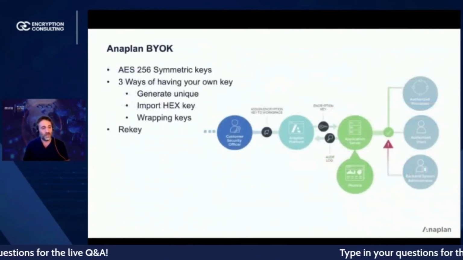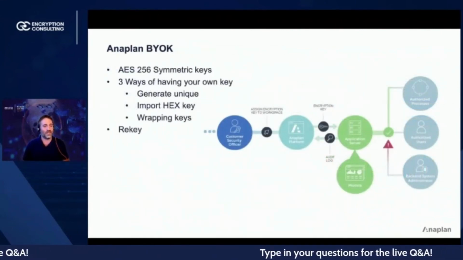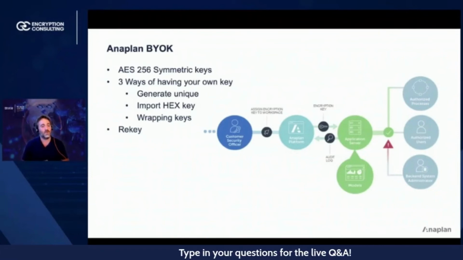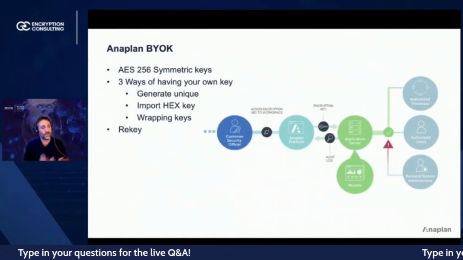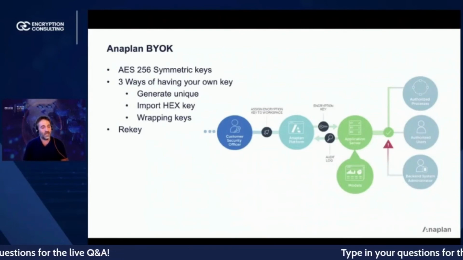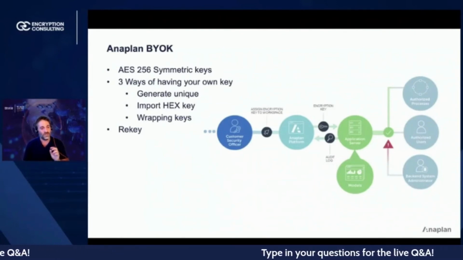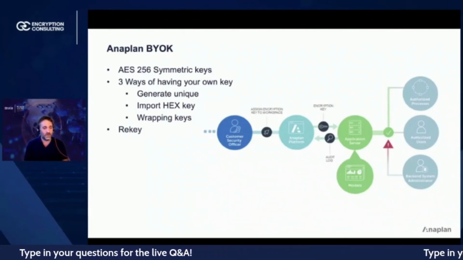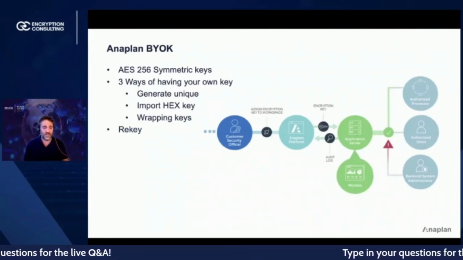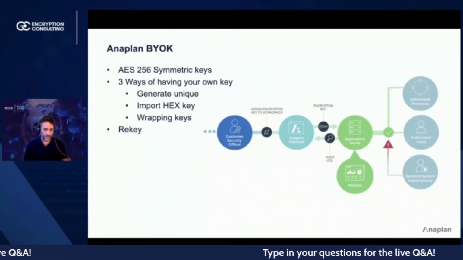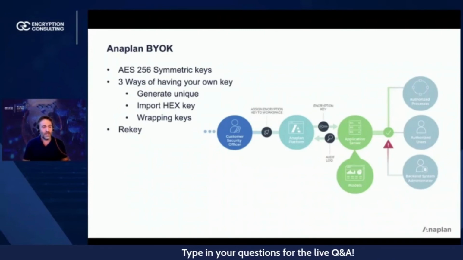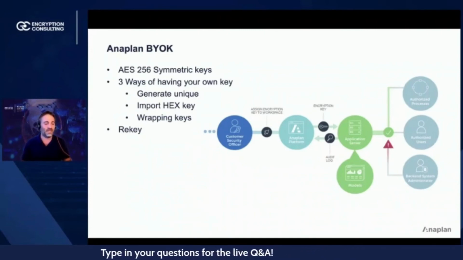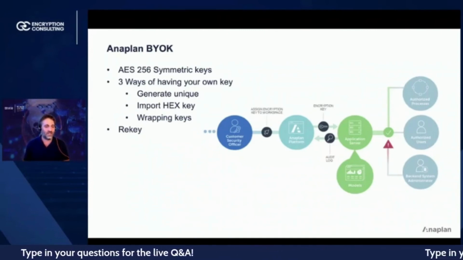We implemented BYOK. We support AES-256 symmetric keys for our customers to encrypt their own data. We give our customers three ways to bring their own key. The reason we give the first two, where we generate a key for them or allow them to import a key, is that we understand customers may not be technical enough, or may not have an HSM on their end to do the wrapping, or may not want to deal with the PKCS11 protocol to do the wrapping.